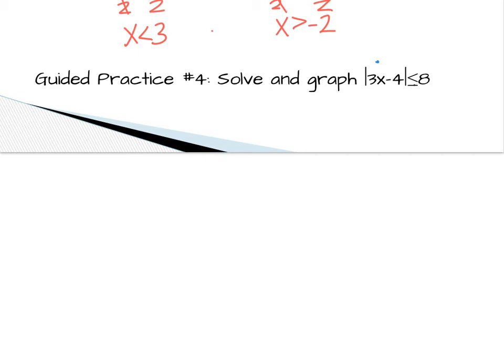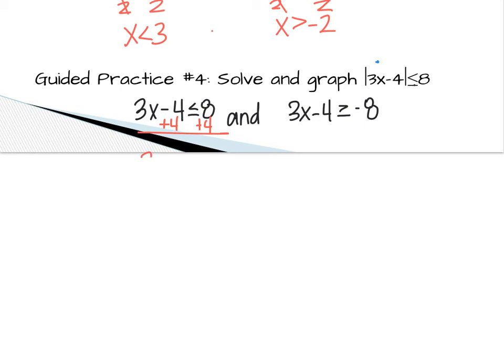Alright, I have less than or equal to, so that's still going to be an and inequality. And I get 3x minus 4 is less than or equal to 8, and 3x minus 4 is greater than or equal to negative 8. Now we're going to add 4, and we get 3x is less than or equal to 12.